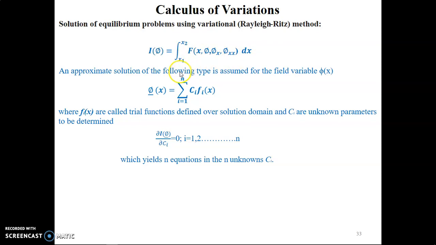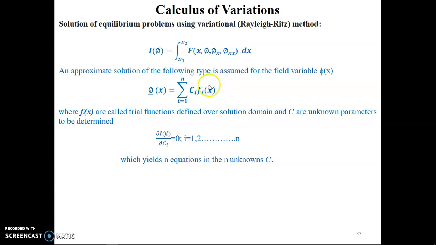Okay, so the solution to the engineering problem can be approximated by using the trial solutions or the trial functions. Here the tentative solution is defined as a polynomial function having the coefficient ci and associated with the trial function fi of x.